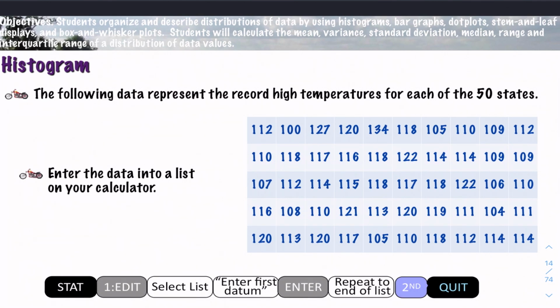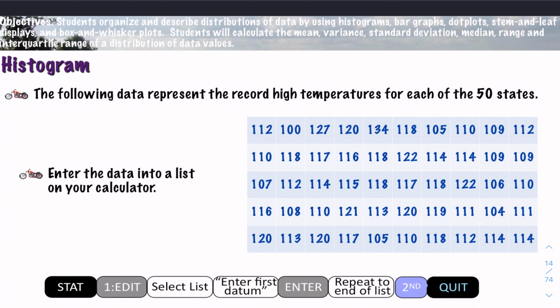So let's take a look at a set of data. This is where you'll need to take out a calculator. And as I get my calculator set up, what we want to look at here is the following data, which represents the record high temperatures for each of the 50 states.